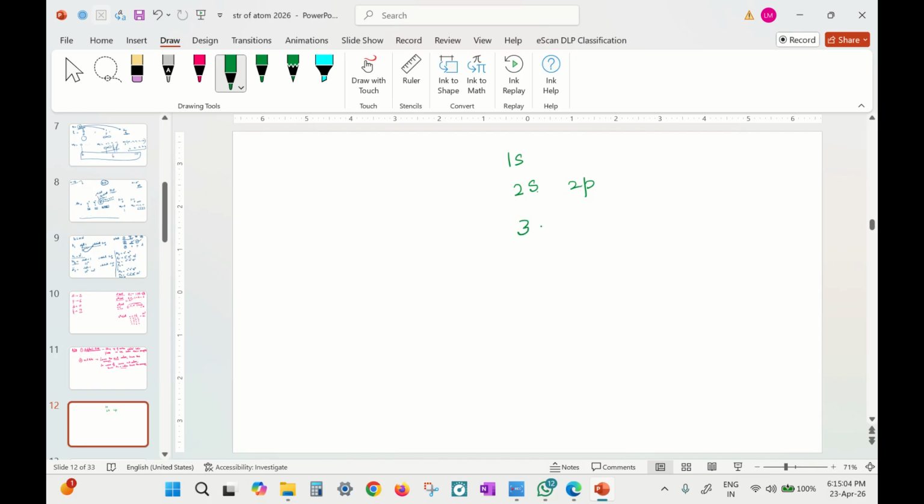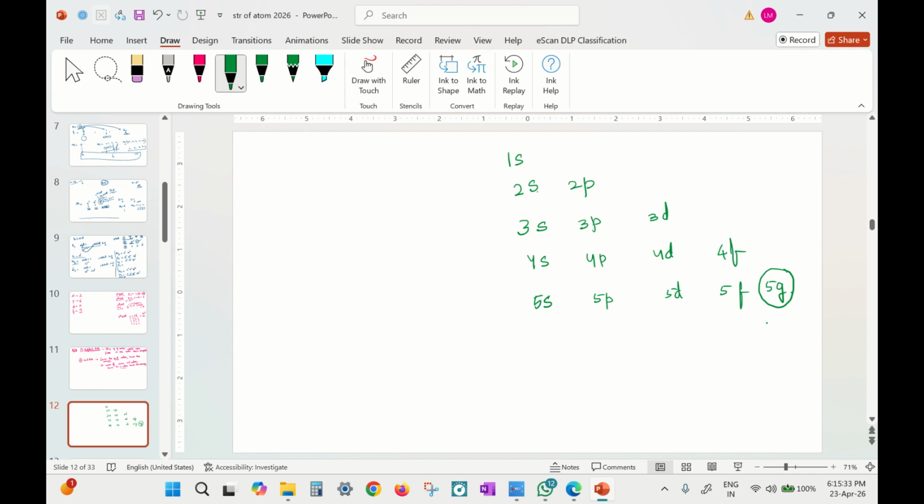Okay. Then in the third shell, we will have S, P, and D. In the fourth shell, we have got S, P, D, and F. Progressively, it keeps increasing. So 5S, 5P, 5D, 5F, and 5G. That means in order to have a G subshell, what should be the minimum principal quantum number value?